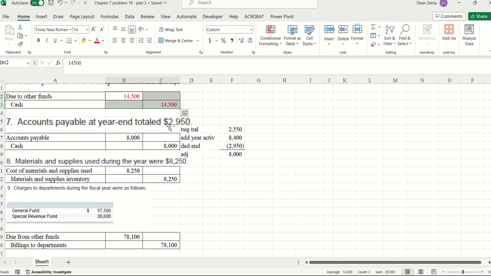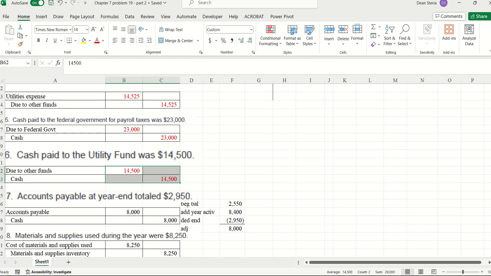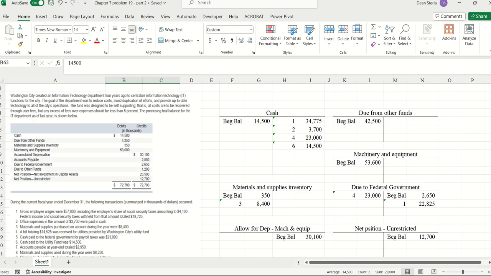Accounts payable at year end is this amount. We calculated what our adjustment should be. So we're going to hit accounts payable and cash.